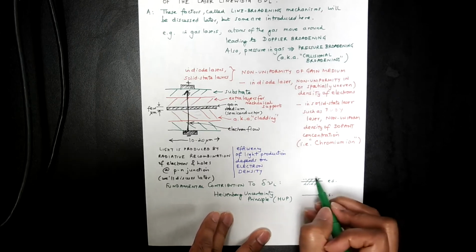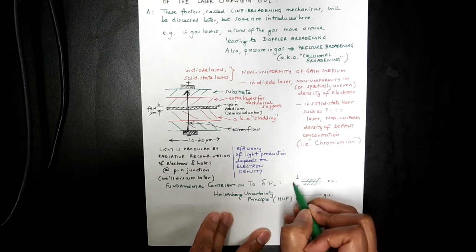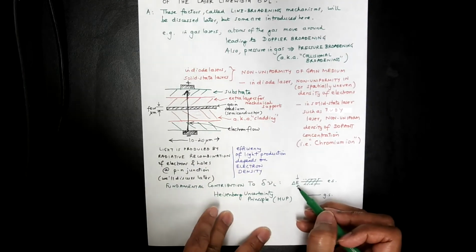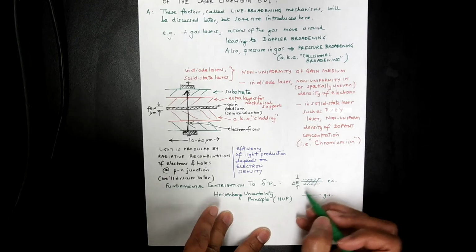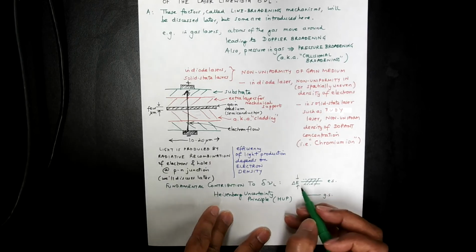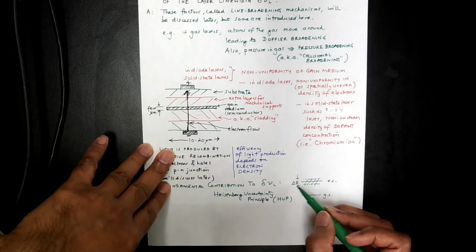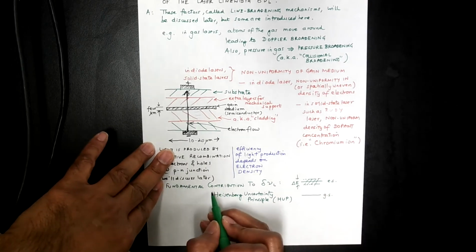And so this delta E, as you know, simply cannot be determined to extreme accuracy. And why is that? Because of the Heisenberg uncertainty principle.